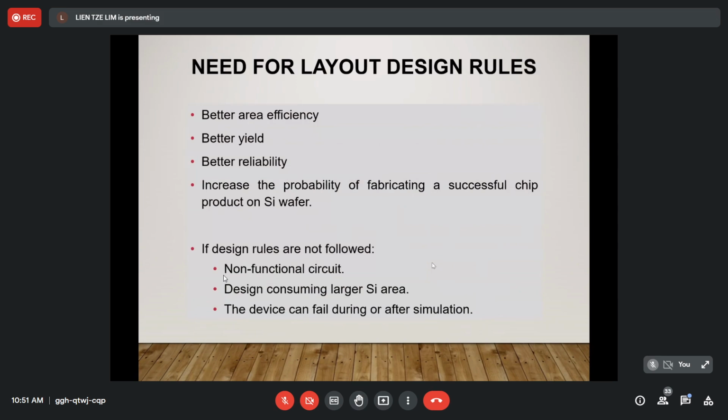The needs for layout design rules. Just now I already mentioned some of the benefits, and this is the reason why there is a need for the layout design rules. The need is to achieve better area efficiency of the IC. This area efficiency means the area of the IC.